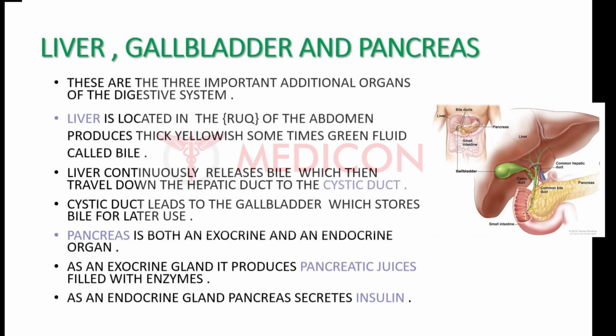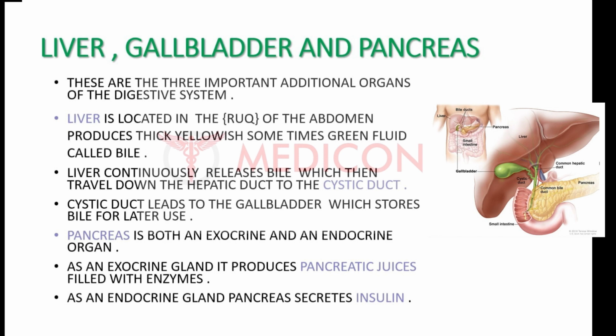The liver continuously releases bile, which then travels down the hepatic duct to the cystic duct. The cystic duct leads to the gallbladder, a pear-shaped sac under the liver, which stores and concentrates the bile for later use.